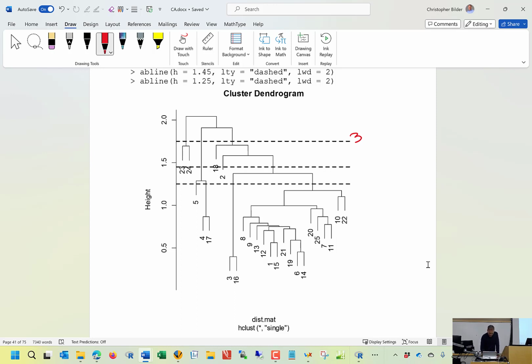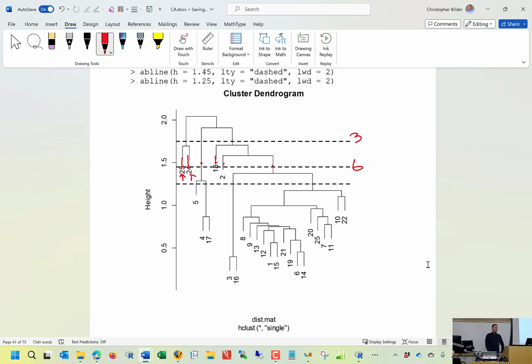Now I also drew a line corresponding to, if I were to extend this down, this would be 1, 2, 3, 4, 5, 6 clusters. You have to be careful there because R is trying to avoid overlapping of these numbers, so I still need to account for it. This would be a separate cluster, this would be a separate cluster.